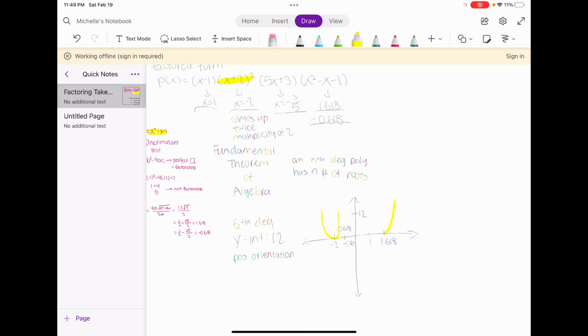Okay, so -0.618. It's going to go straight across. It's going to also hit -0.6. It's going to go straight back up. Blah, blah, blah. Hit the y-intercept. Go down again to hit x equals +1. Then it's going to go up again to hit 1.618.